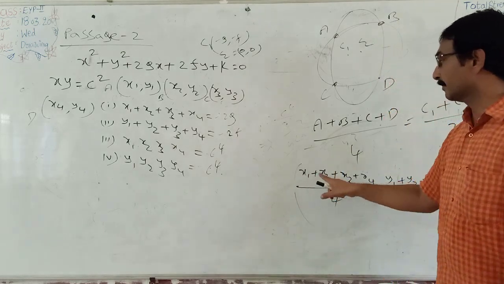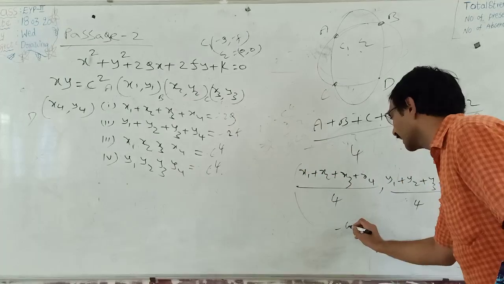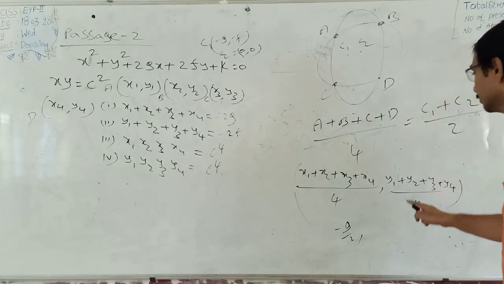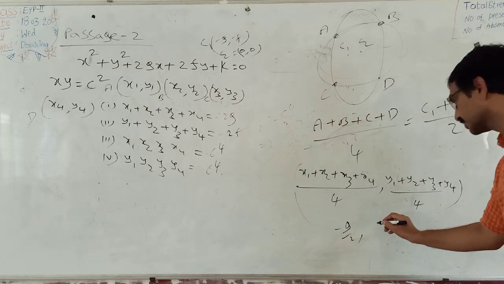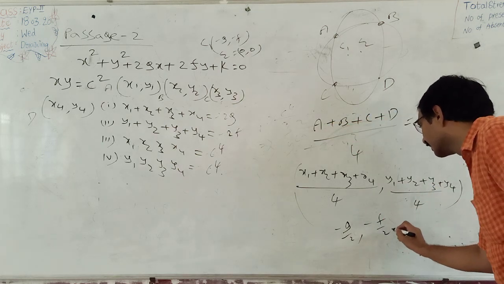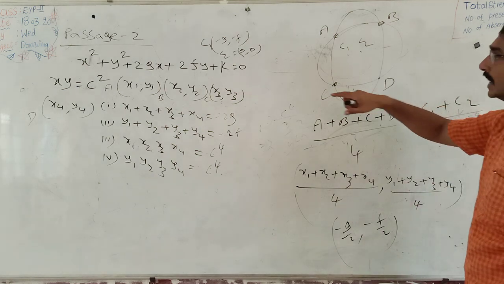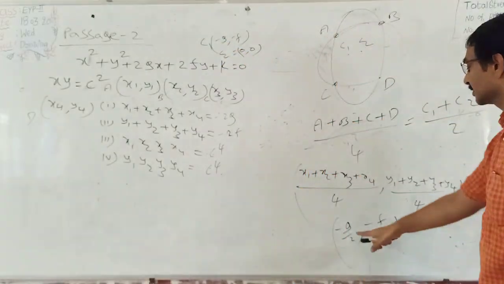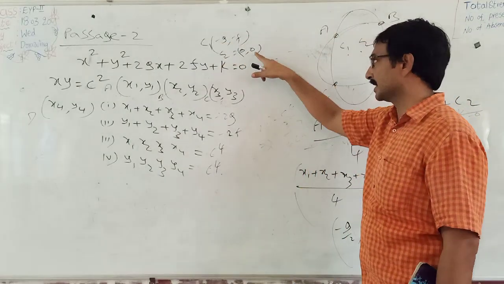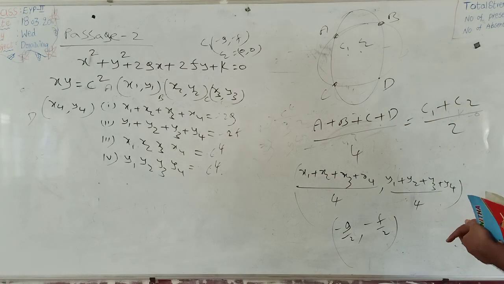The sum of the x's is minus 2g, so by 4 the value is minus g by 2, and the sum of the y's is minus 2f, so by 4 it is minus f by 2. This is the LHS. For the RHS, (C1 plus C2) by 2 is (minus g plus 0) by 2, which is minus g by 2, and (minus f plus 0) by 2, which is minus f by 2. So clearly LHS equals RHS.